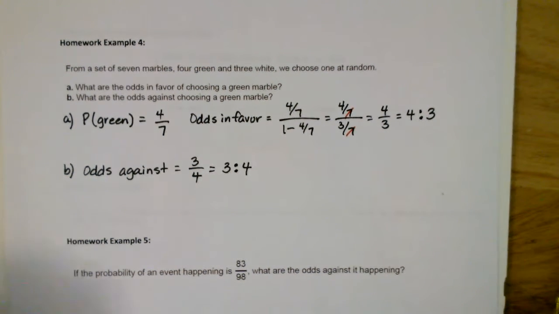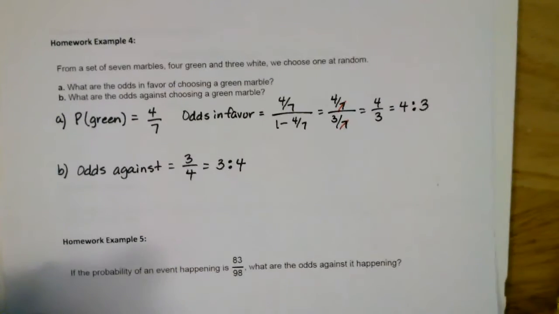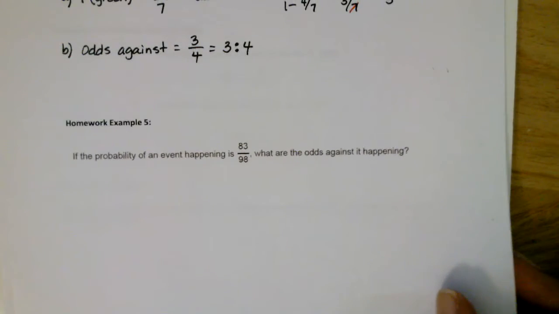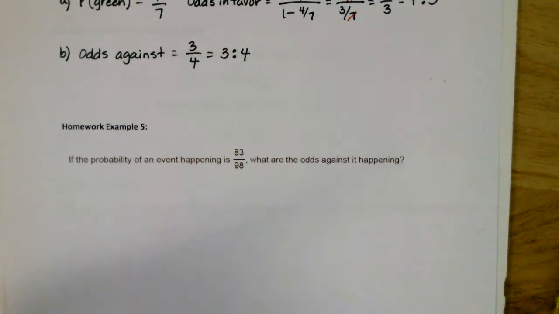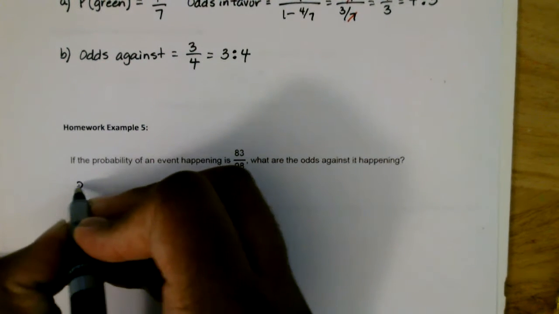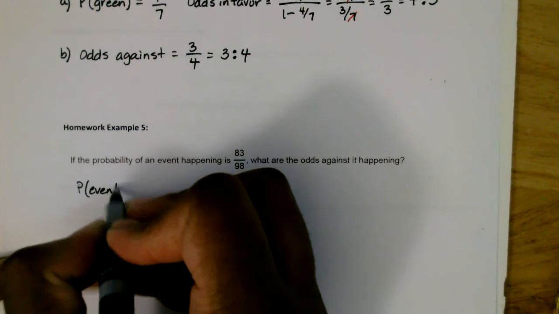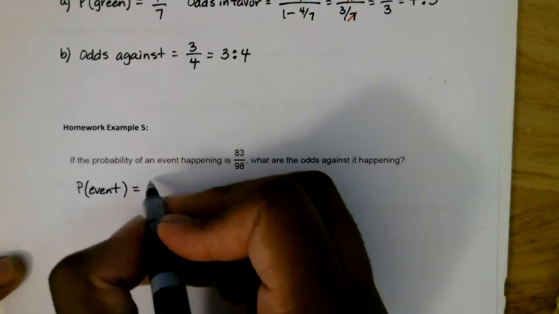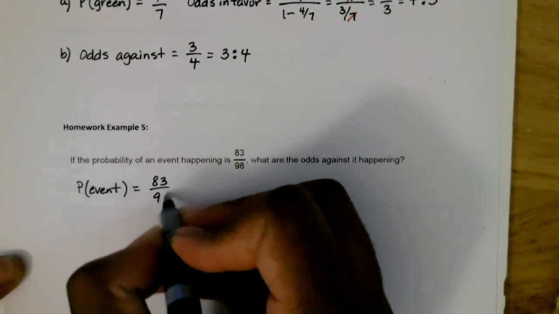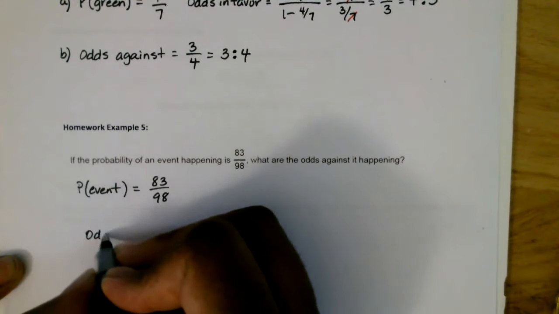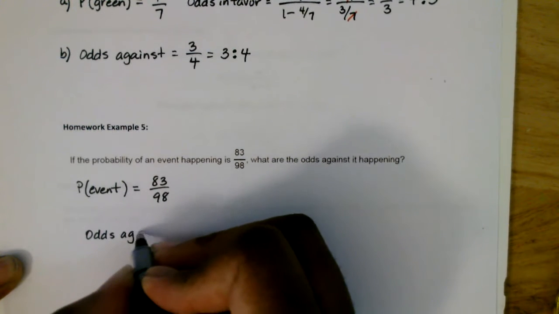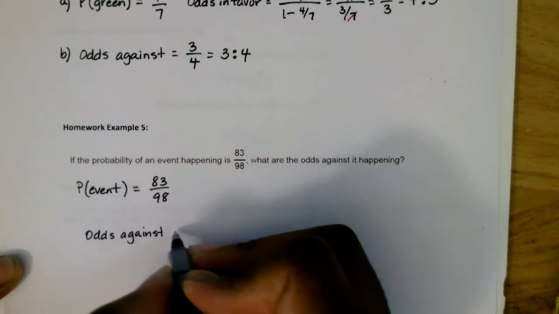All right, now the next example dealing with odds would be this. If the probability of an event happening is 83 over 98, what are the odds against it happening? All right, so the probability of an event is 83 over 98, and I want the odds against that event happening.